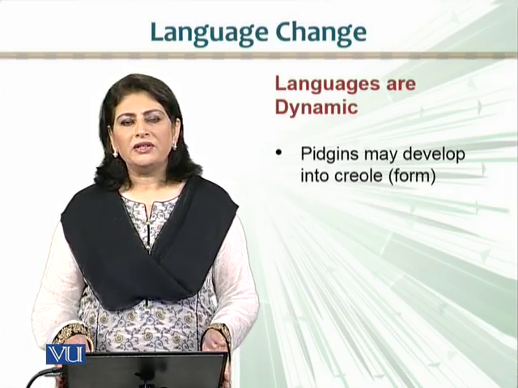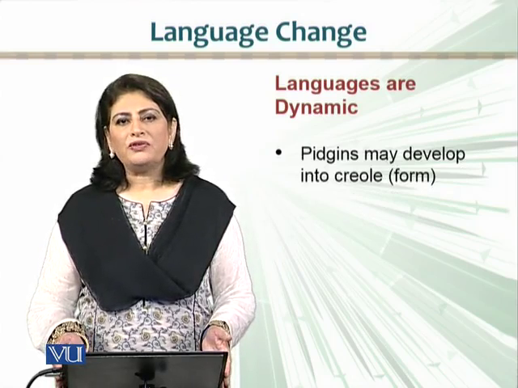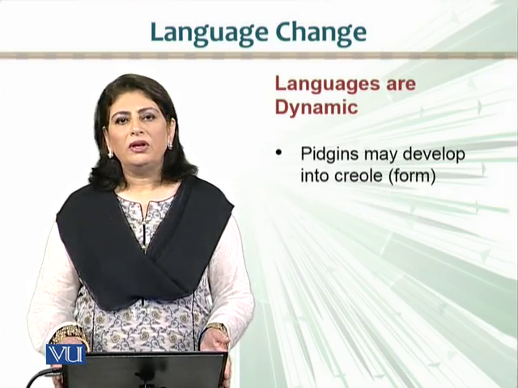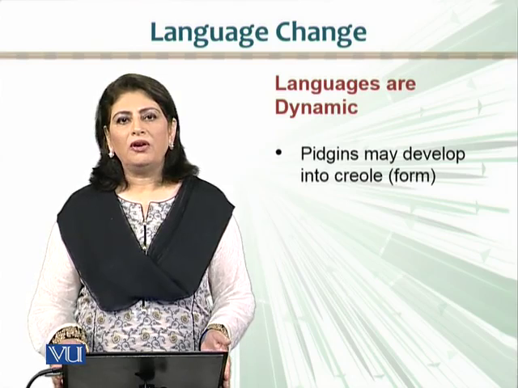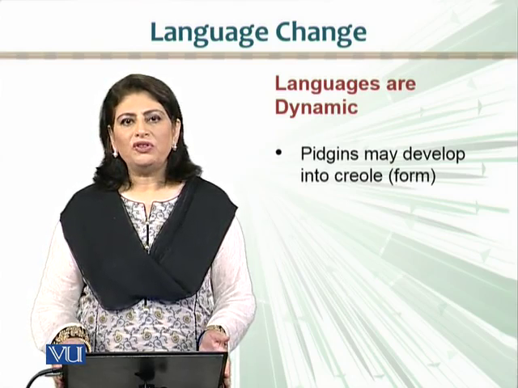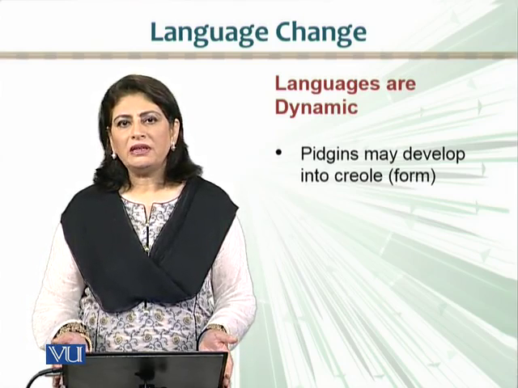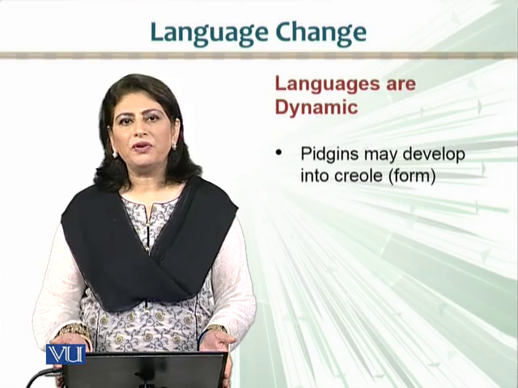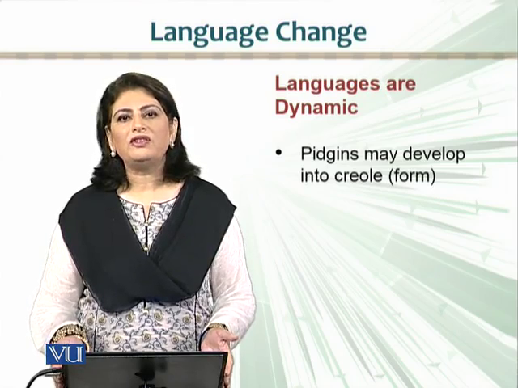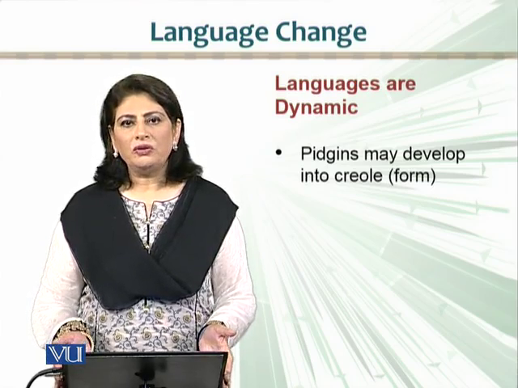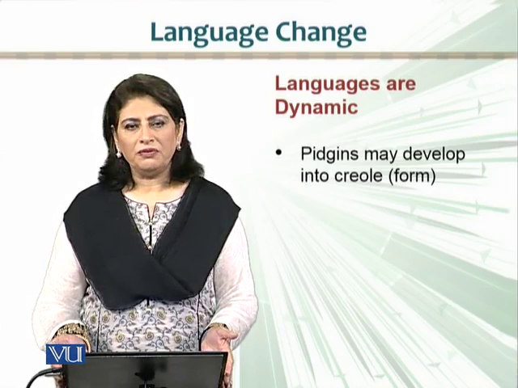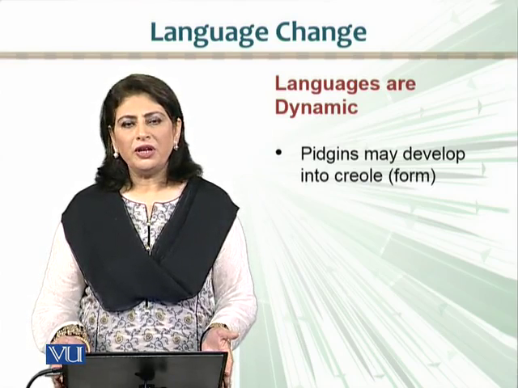Having said that, a pidgin can transform into a creole. So what is a creole? A creole is a pidgin which gradually takes up more vocabulary, but essentially it becomes the first language of the next generation. So these are the two communities in the first stage who do not share a language.